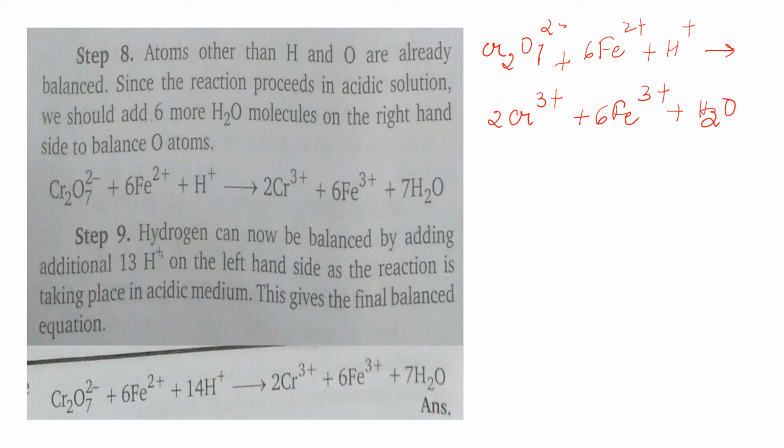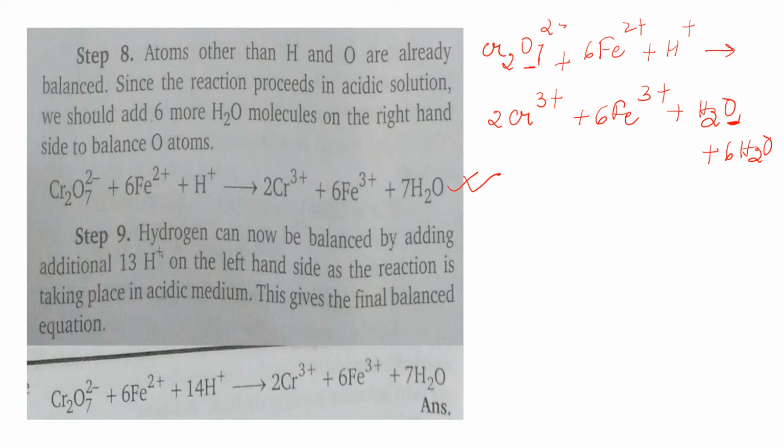Now in the left hand side I am having 7 oxygen and the right hand side I am having only 1 oxygen. So that means right hand side is deficient of 6 oxygen. So I have to add 6 H2O in the right hand side. After adding 6 H2O I am getting this equation. 6 H2O plus 1 H2O is giving you 7 H2O.